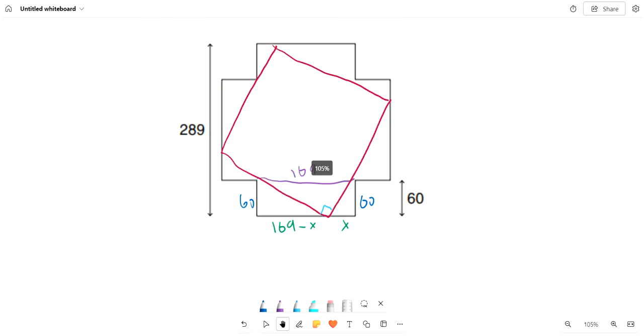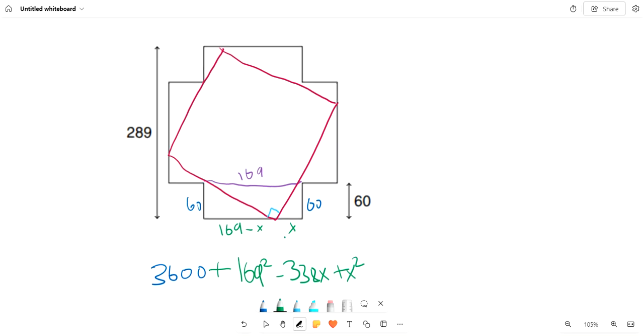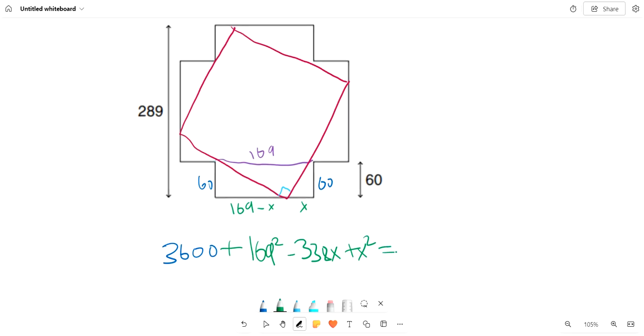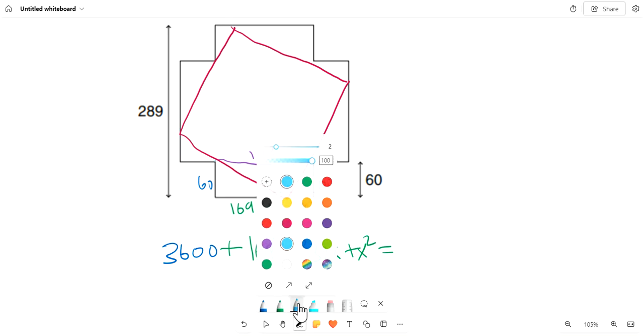And so then we have from Pythagorean theorem that 3600 plus 169 squared minus 338x plus x squared, and this equals, let's say, y. And let's label this part as y.